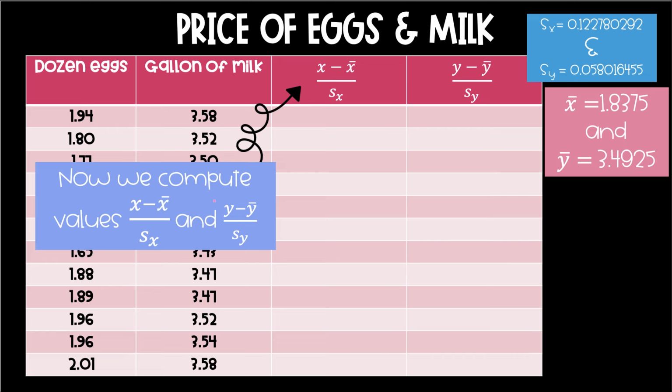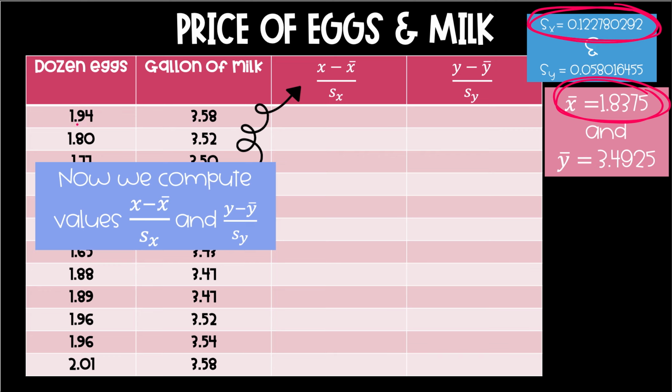We're going to compute the values x minus the mean divided by the standard deviation for all of the x values, and then y minus the mean divided by the standard deviation for all of the y values. In other words, for my x column, I'm going to subtract from 1.94 the mean 1.8375 and divide by the standard deviation for the x values, 0.122, for each one.